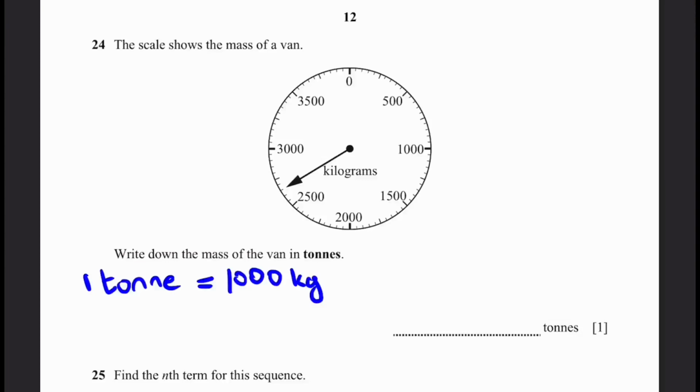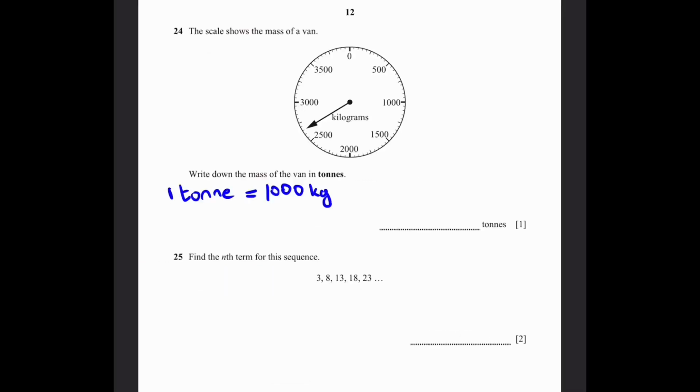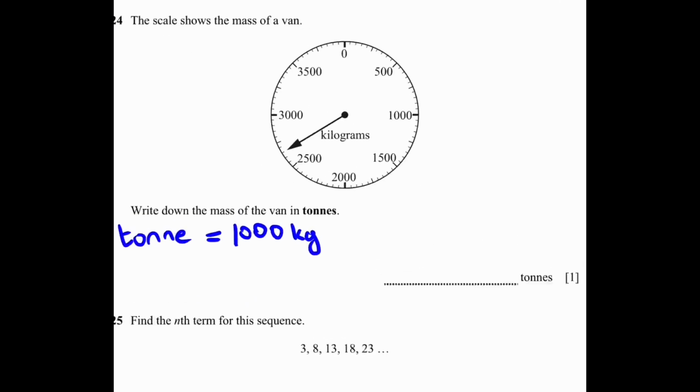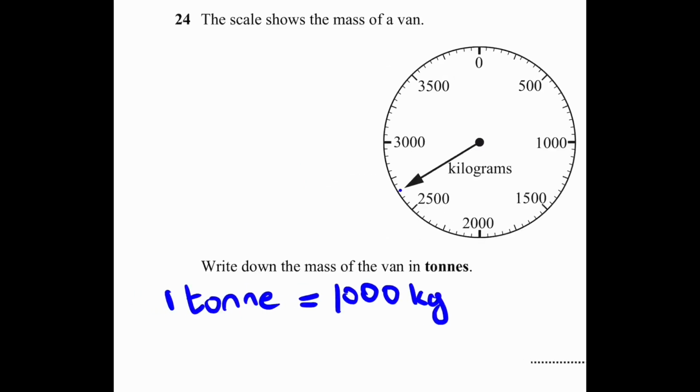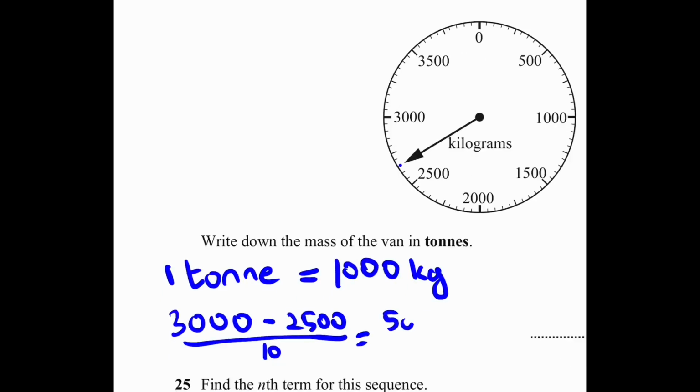Now we'll find out what's on the scale. If we zoom a little closer, we can see that it points at this line over there. The number of divisions between 2500 and 3000 is 10 divisions. So 3000 minus 2500 divided by 10, which is equal to 500 divided by 10, which is equal to 50.